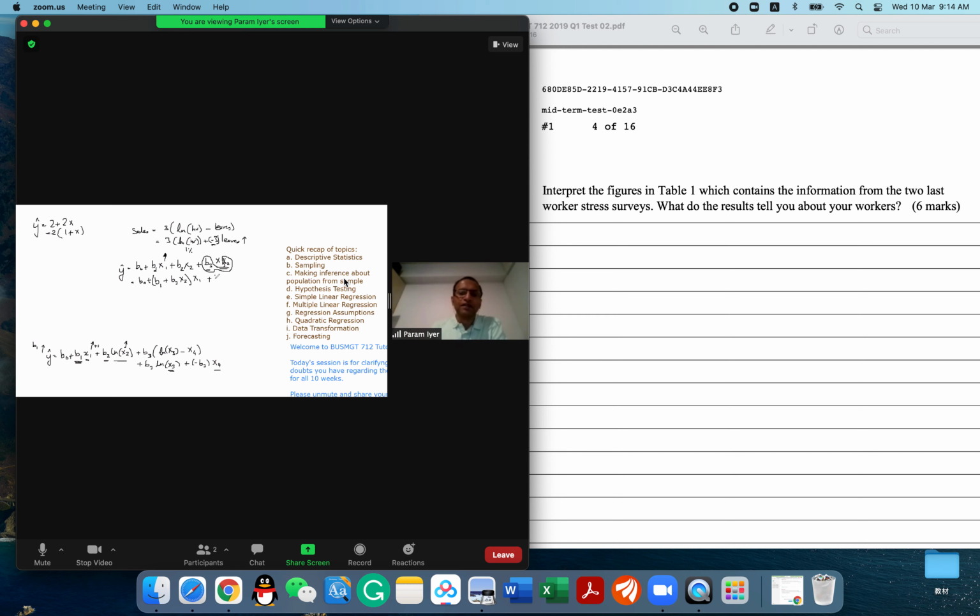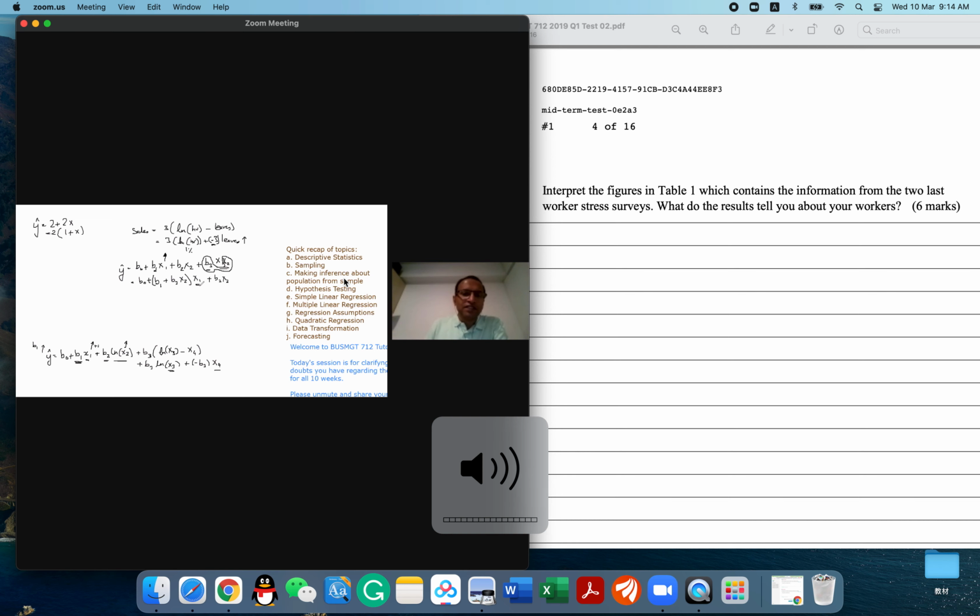So then what we are saying is, if x1 changes, the slope is not only dependent on x1, but the slope is also depending on x2. Does that make sense?